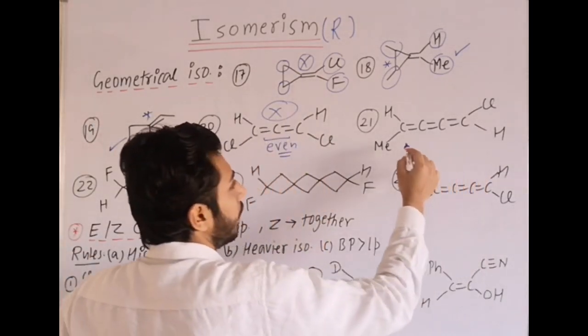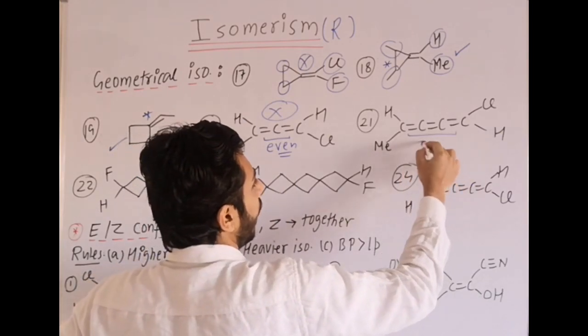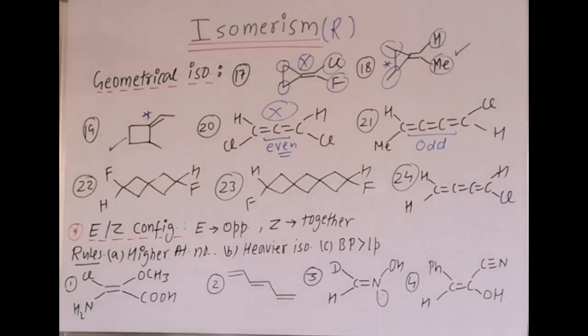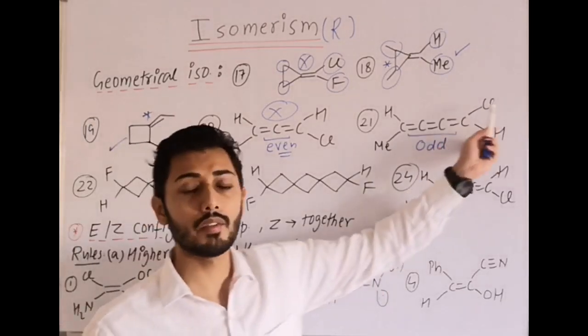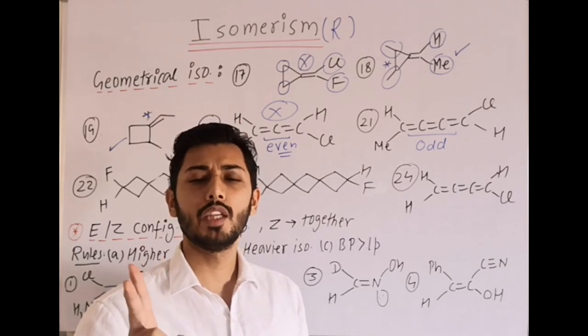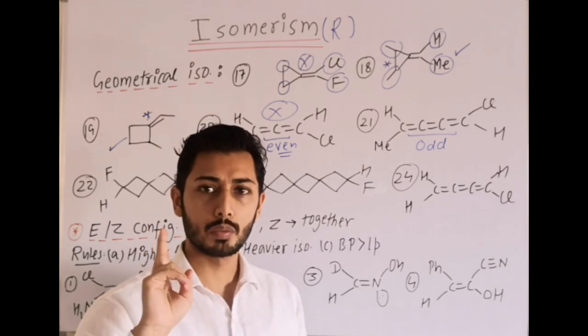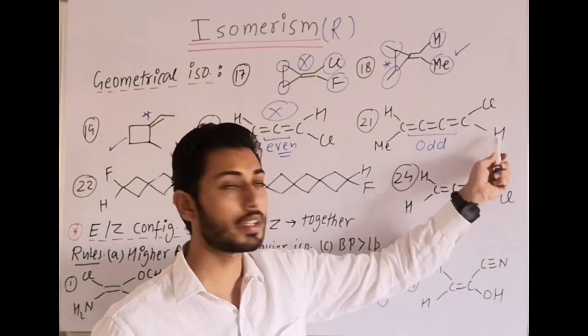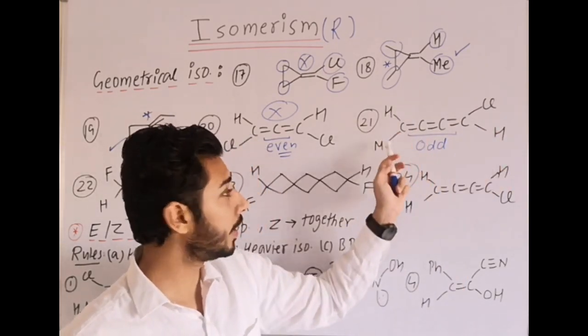Now the next example is not even numbered. It is an allene with an odd number of double bonds. So we will check the terminal groups. They will be in the same plane. Then we should check that each terminal carbon contains two different groups, like here, the two different groups are H and Cl, and there is H and methyl.